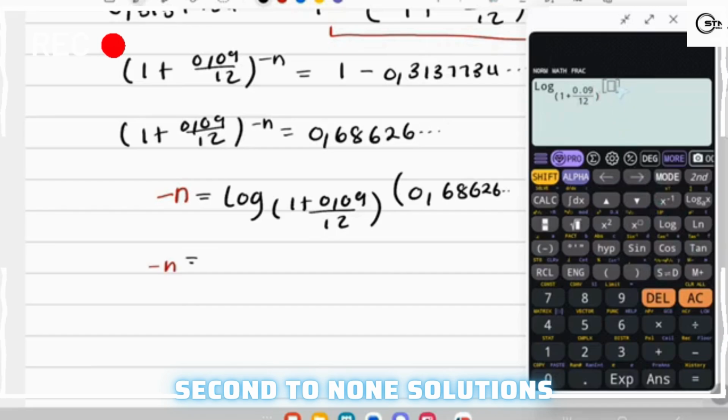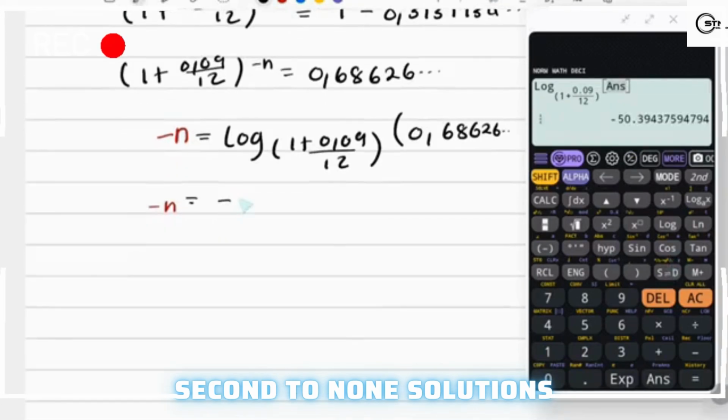And then here, I'm going to say ANS, so that it doesn't cut out anything, and it's more likely to give you the correct answer. Okay. So press equals, and we get negative 50.394. Okay. I just need the 2 decimals really.